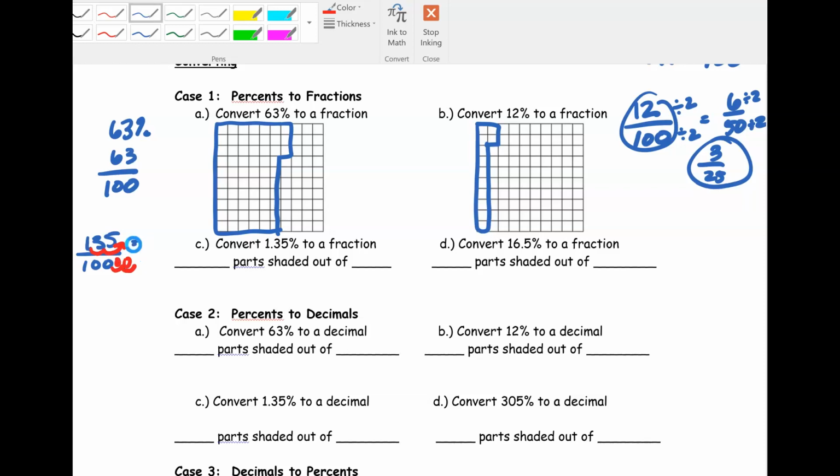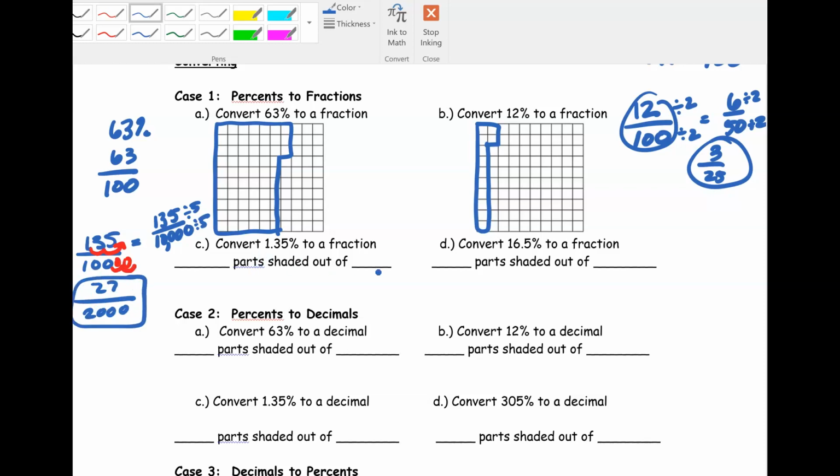So this now becomes 135 over 10,000. And then you actually have to reduce that. If we divide those both by 5, we end up getting 27 over 2,000. So that would be the fraction.